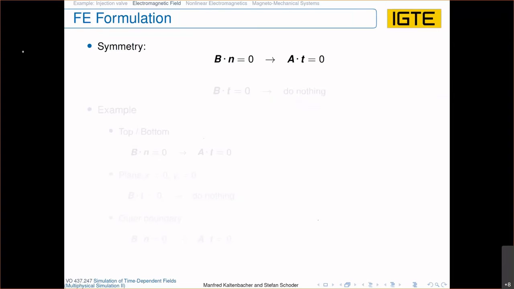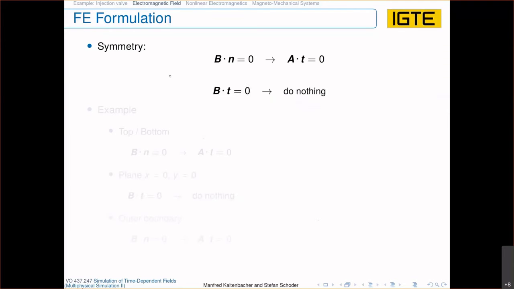And therefore, if you have some symmetries, but not only a geometric symmetry, there should also be the symmetry in the magnetic field, then you should exploit it. And along a symmetry plane or surface, it can also be the case that the normal component of the magnetic flux density is equal to 0. Okay, so in this case, we already know what we have to do for the magnetic vector potential.